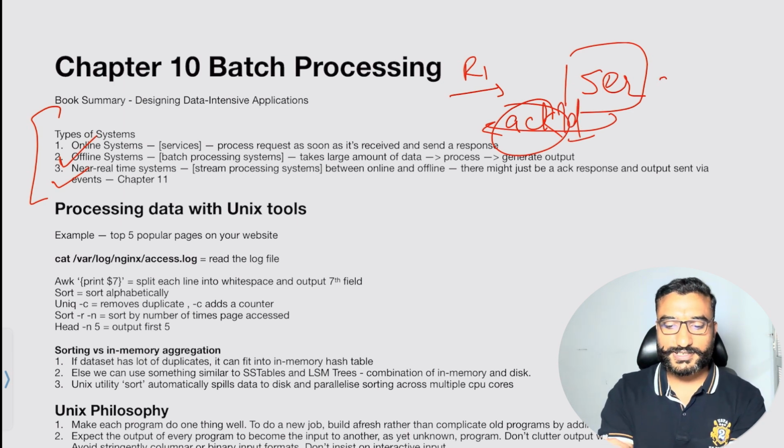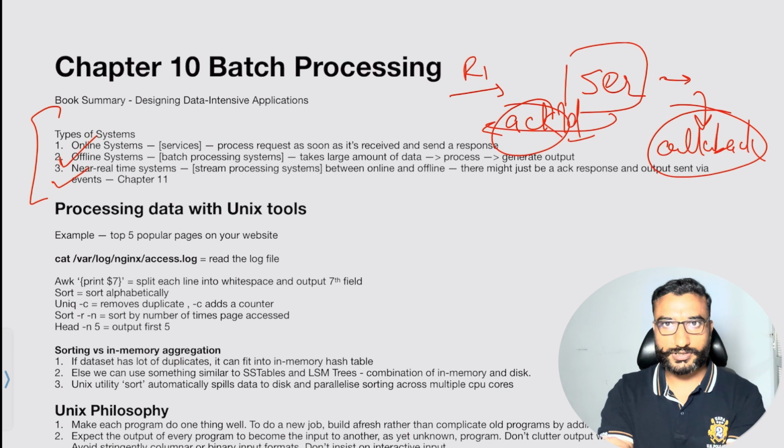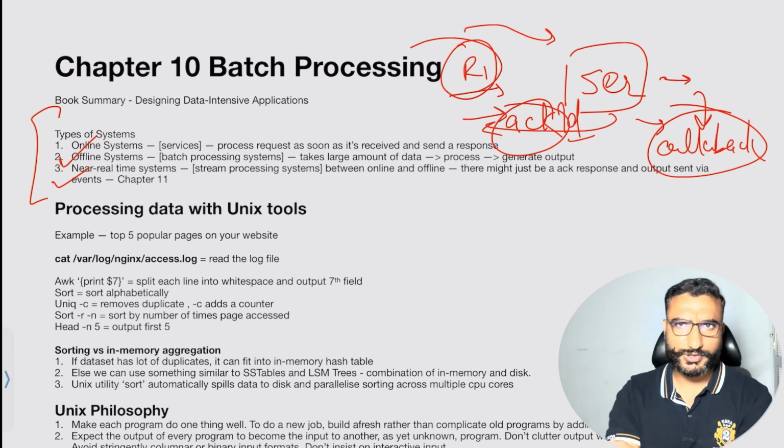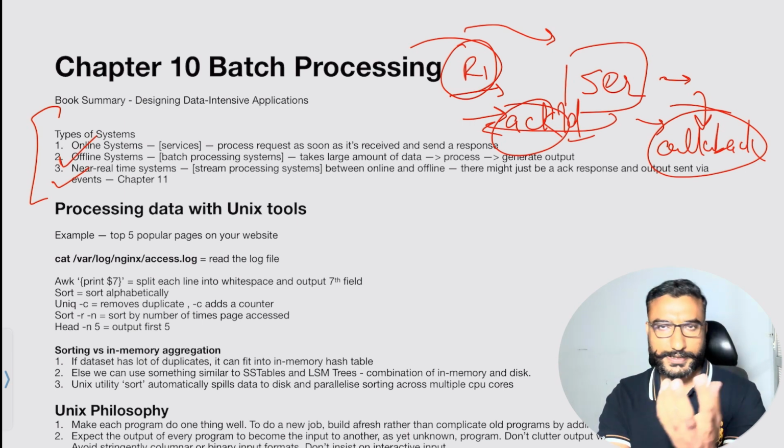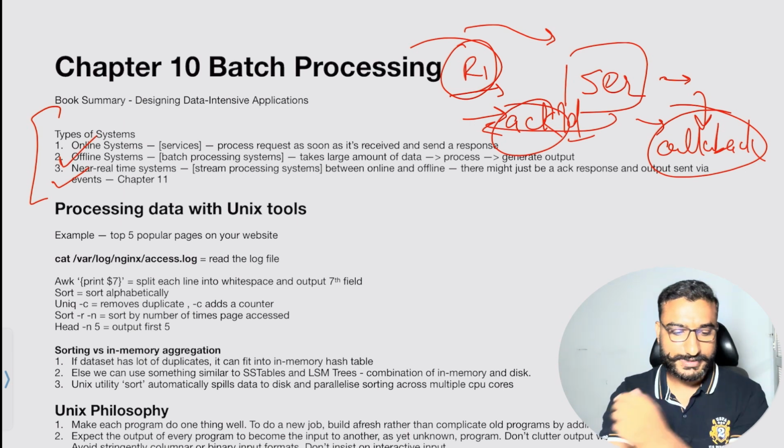Once the request is processed, you send some kind of callback with the response. The other way could be that you suggest the caller retry with this acknowledgement ID to check if the request has been processed or not. So these are the 2 general ways in which you check the response of near real-time systems.